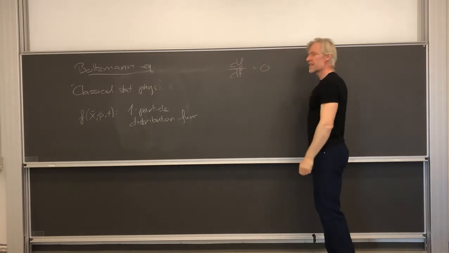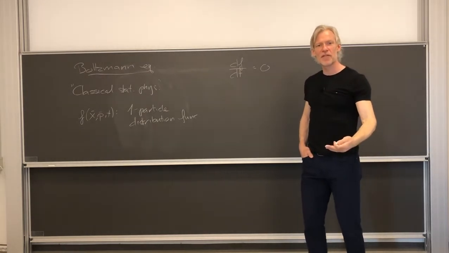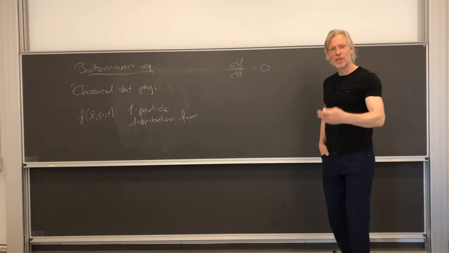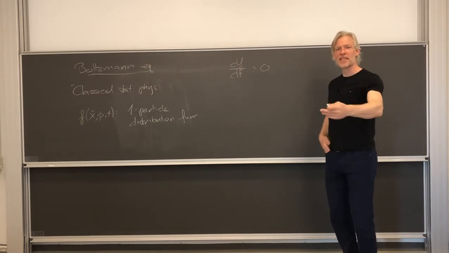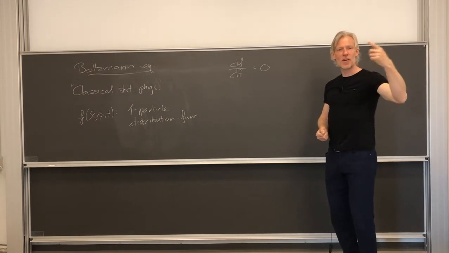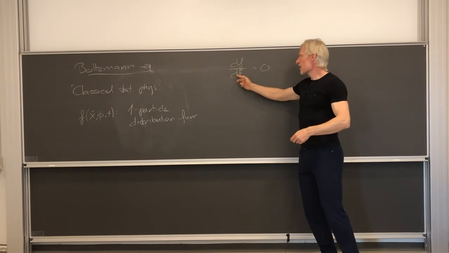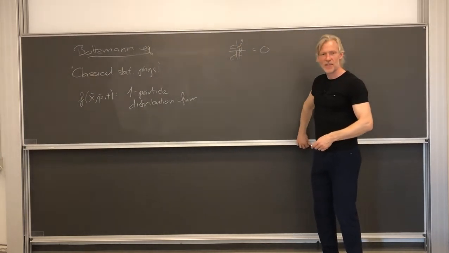It basically says that the distribution function is conserved if you take the derivative in the way that is called, in fluid mechanics, the material derivative. So you do the derivative along the motion of this fluid or this phase space element. That is what these derivatives are taken to mean.